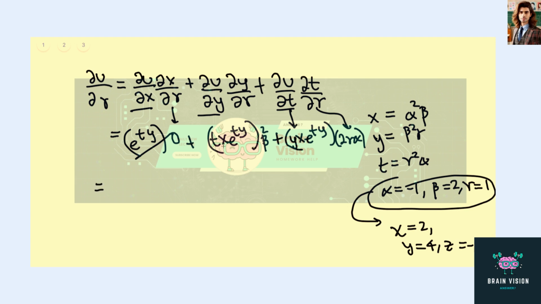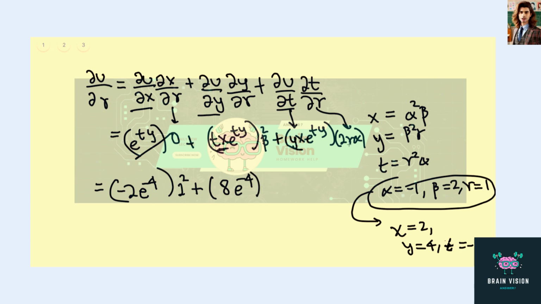So let's go ahead and plug all that in. So we have tx over here giving us a -2, and then e to the -4 times beta squared. And then we have xy, so that's an 8 there.